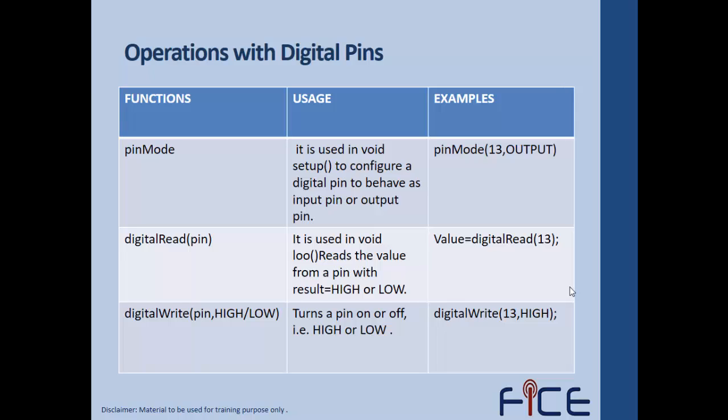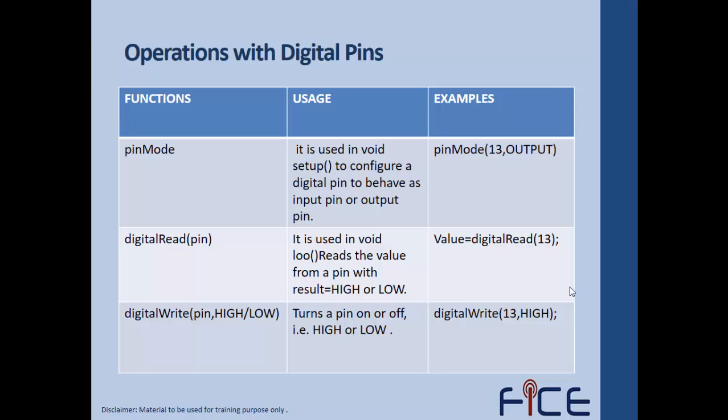Next API is digitalRead, and this API is used in void loop. It is used to read the value from a digital pin, which is either high or low. With the help of this API, we can read the value of any digital pin, and this API takes one argument, that is the pin number.